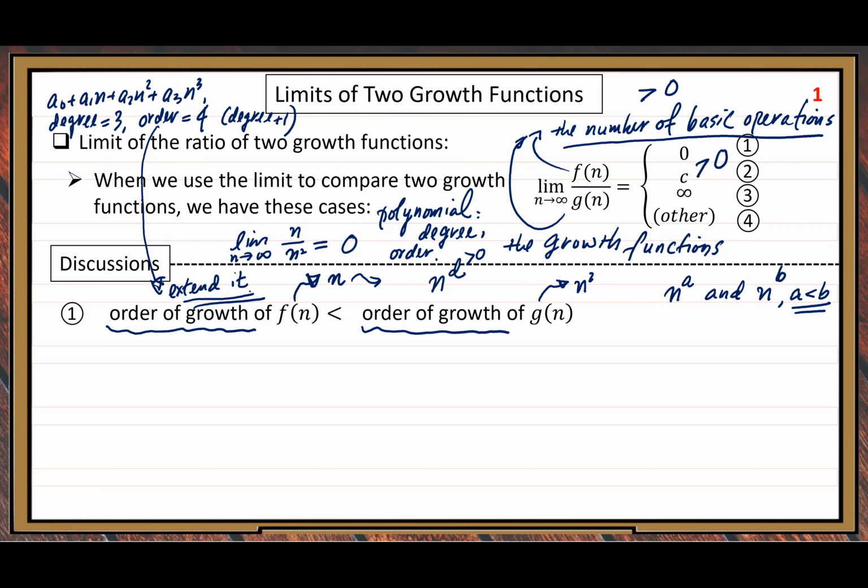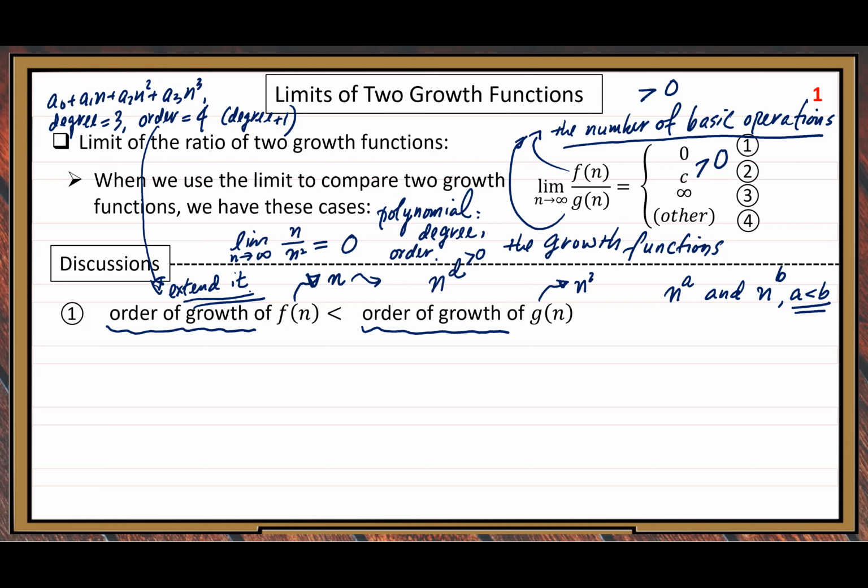Very simple. In the polynomial context, the order must be a positive integer. The smallest order is 1 for a polynomial: 1, 2, 3. But when we get to the growth function context, growth functions are not necessarily integer.